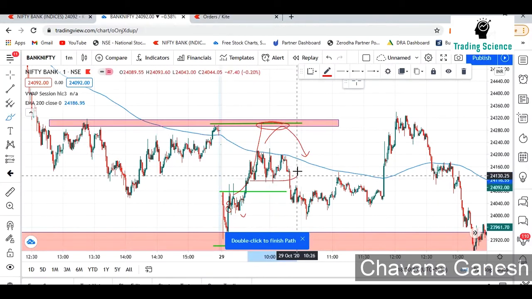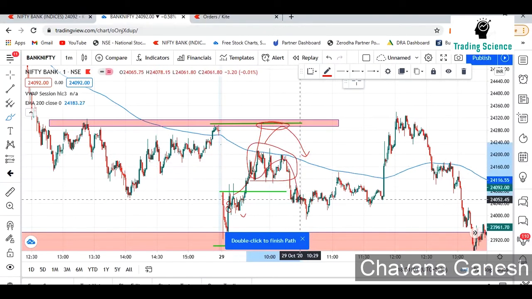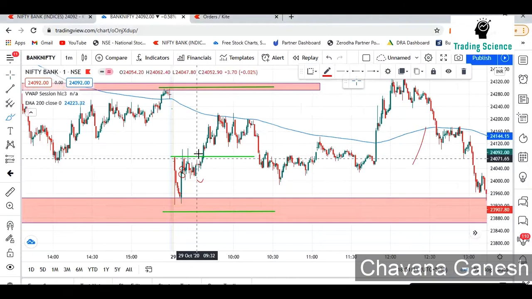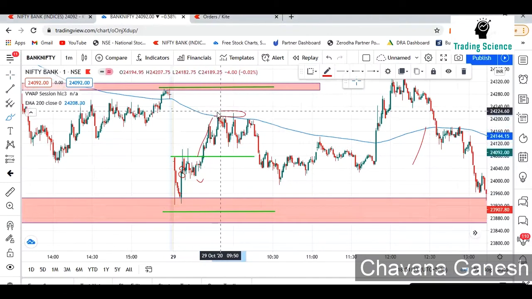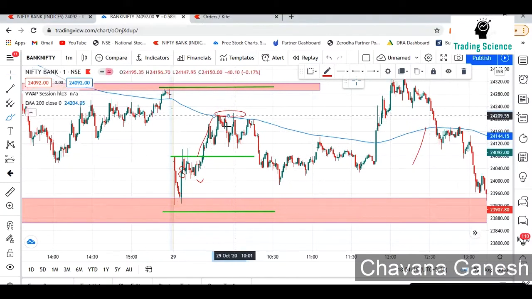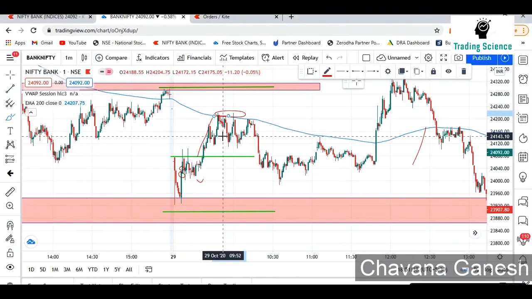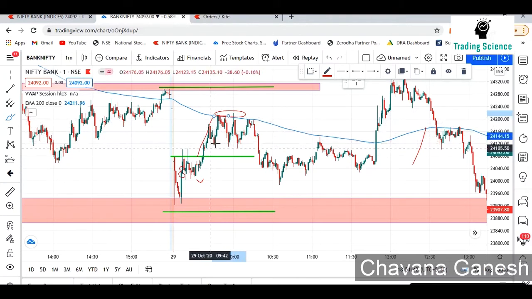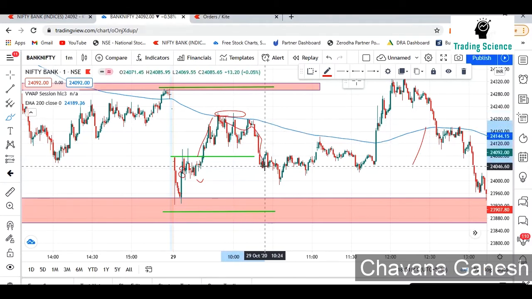But here it hedged and came down. When the market moved up to these levels, I was in a loss of around 5,000. I was still confident in my view, so I held it, and the market came down.